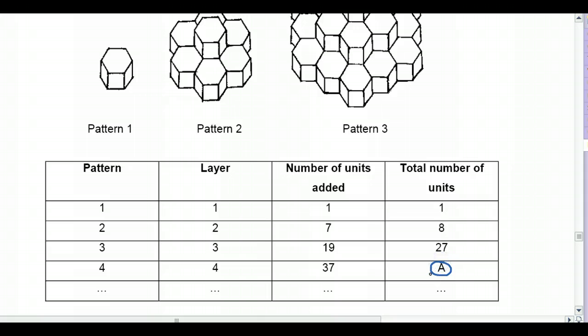Okay, now let's look at this, and I will know that if I am going to look for pattern, this is a pattern question. So let's look at this. For pattern 2, layer 2, you realize that the pattern and the layer is the same. Number of units added. I have 7. From first layer to second layer, I have 6.